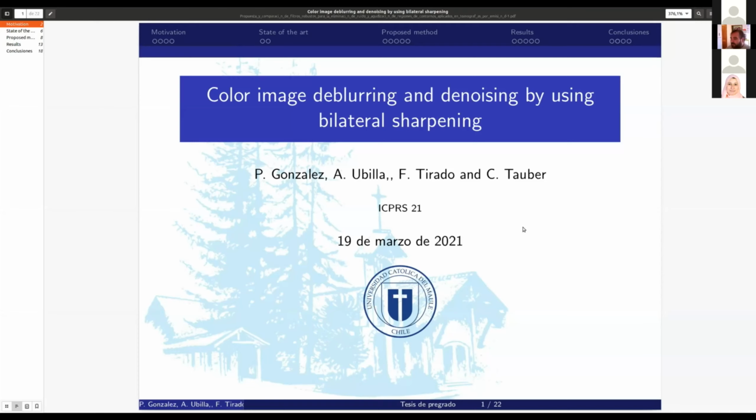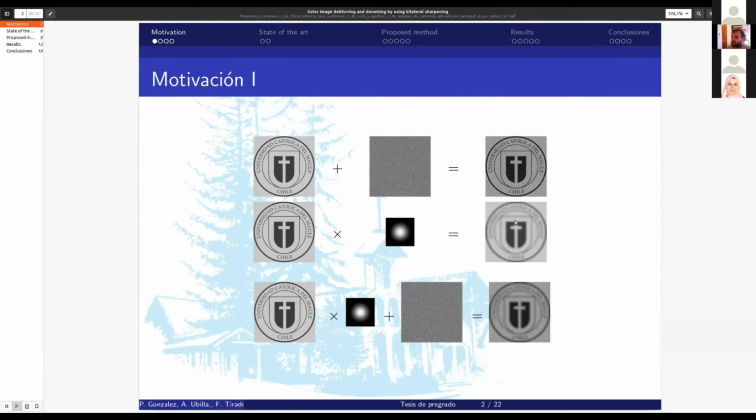Okay, the motivation. We have the image with several problems, but the two main problems we can reduce to the blurring process, that we can see when we convolve one image with a spread function, and we produce this blurring effect in the image.